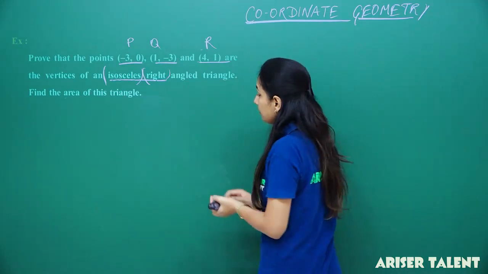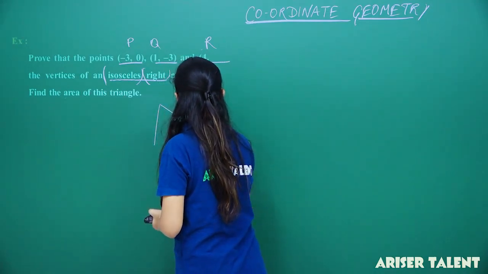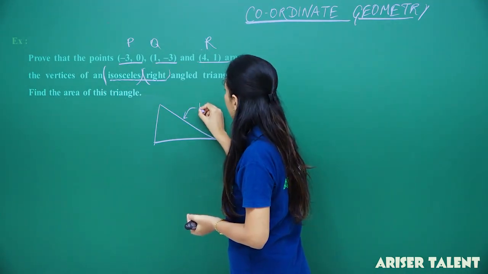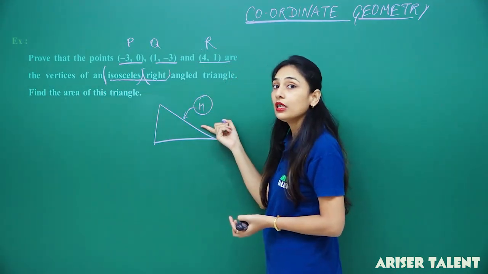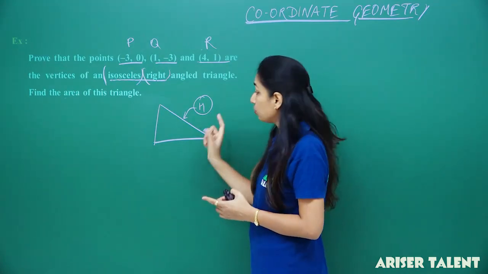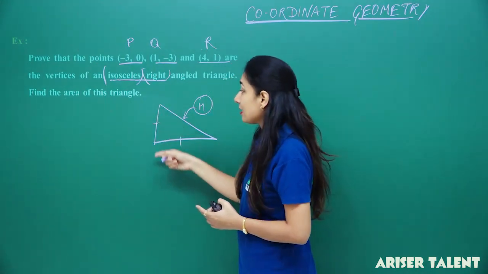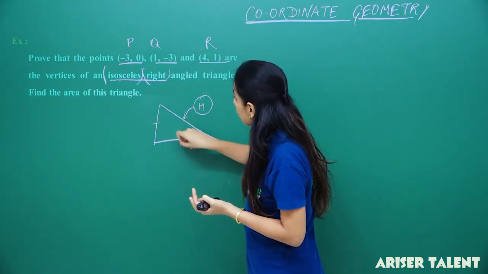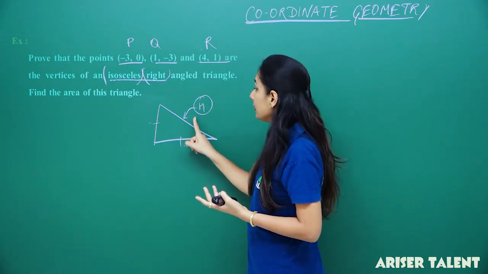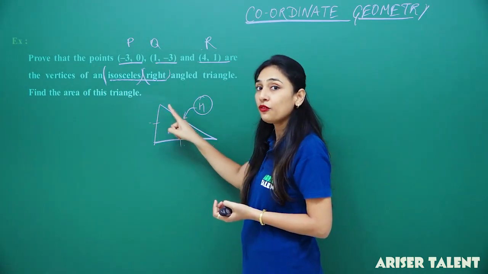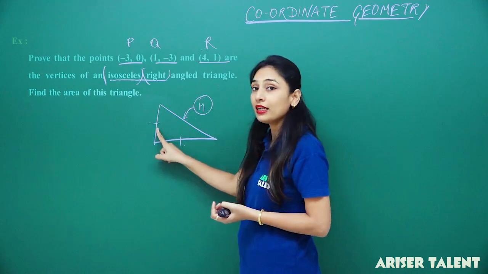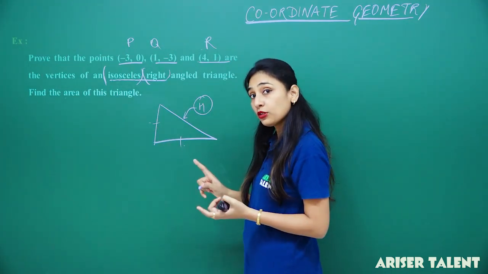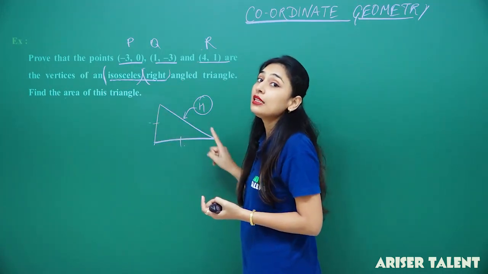Now the second thing, that this is a right angle. Clearly, the hypotenuse is the largest side. So to be an isosceles plus a right angle triangle, these two sides should be equal. Why not these two? Because if the hypotenuse is equal to any other side, the base or height, it cannot be possible, because the hypotenuse is the largest side.